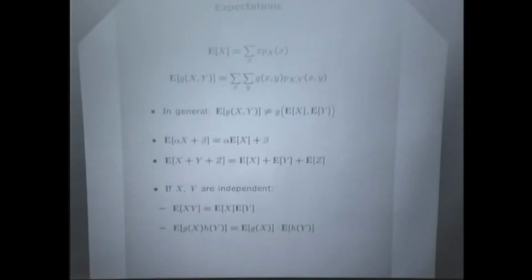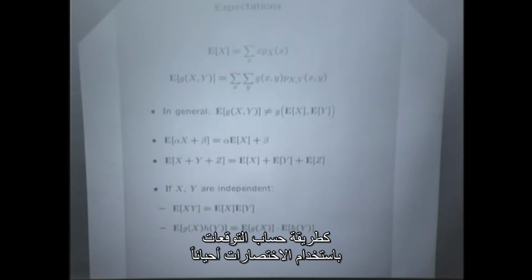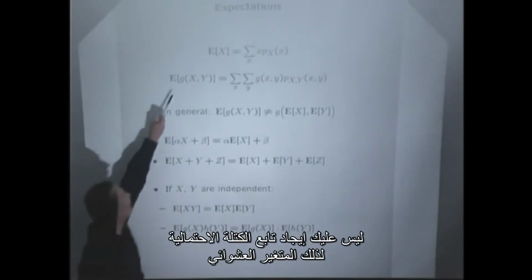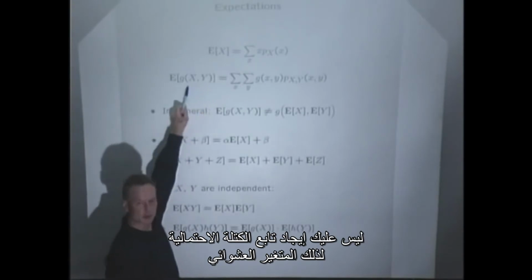So first thing we do is to write down a definition for this sort of concept. But then the other thing that you need to know is how to calculate expectations using shortcuts sometimes, and what properties they have. The most important shortcut there is that if you want to calculate the expected value, the average value of a random variable, you do not need to find the PMF of that random variable, but you can work directly with the x's and the y's. So you do the experiment over and over.